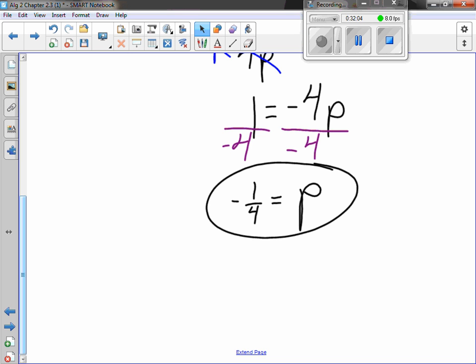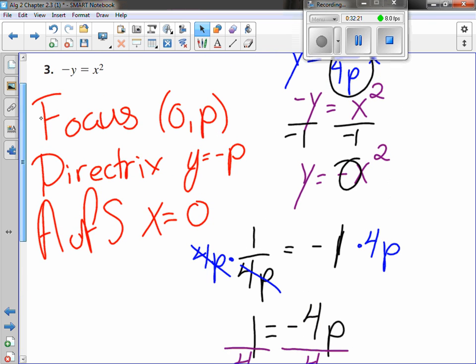So hopefully as you're noticing, it's really just matching things up. We need to get it to look like our general equation we start with, so y equals 1 over 4p times x squared, or x is equal to 1 over 4p y squared. We need one of those two. And once we find the value p, we plug it back in.